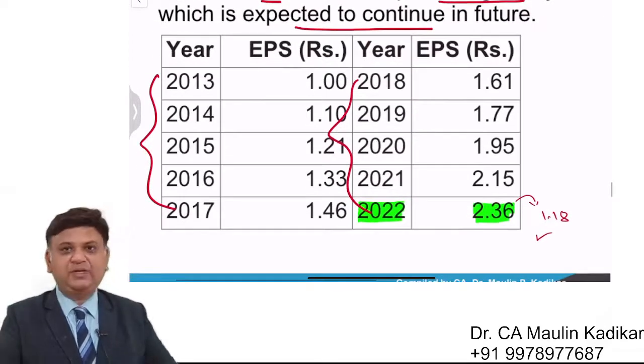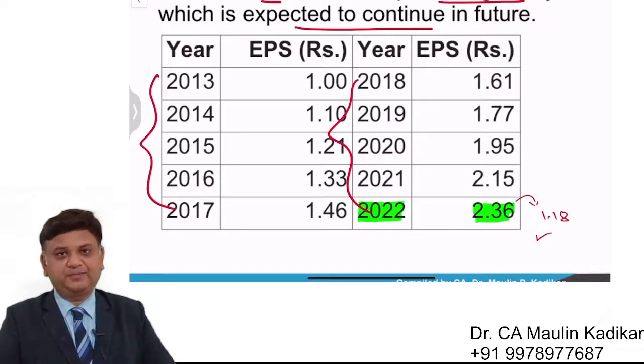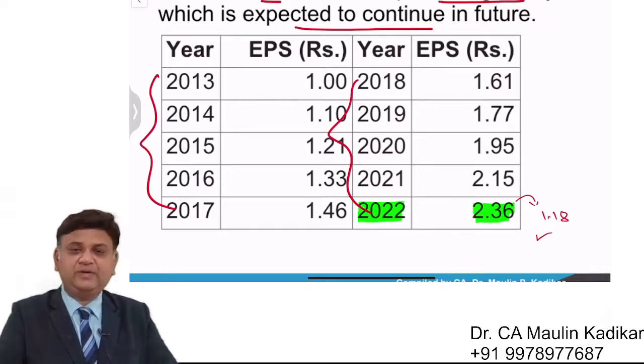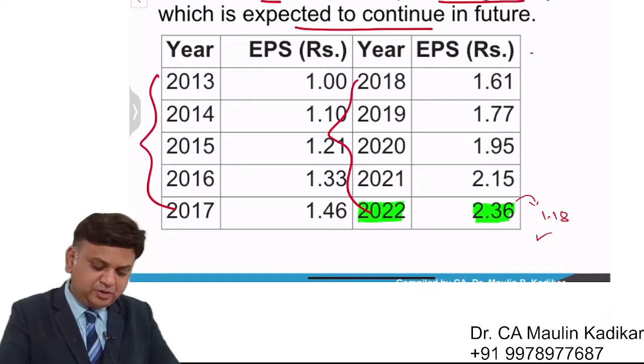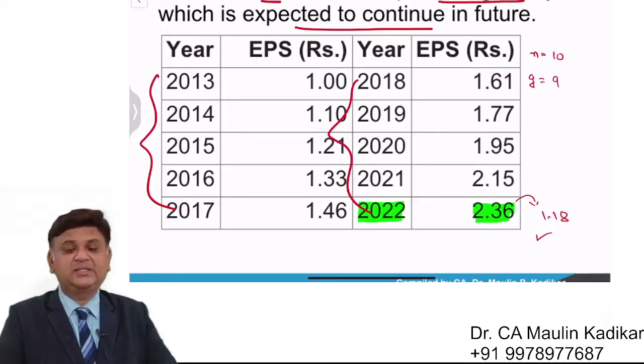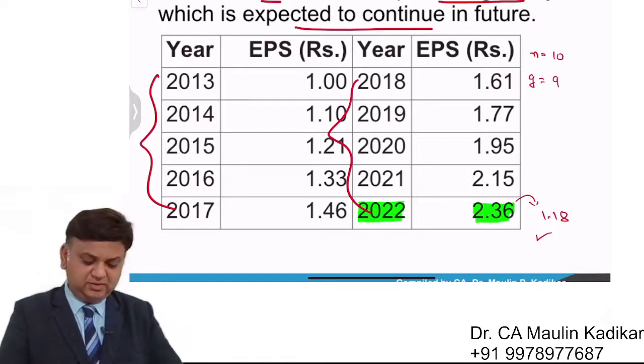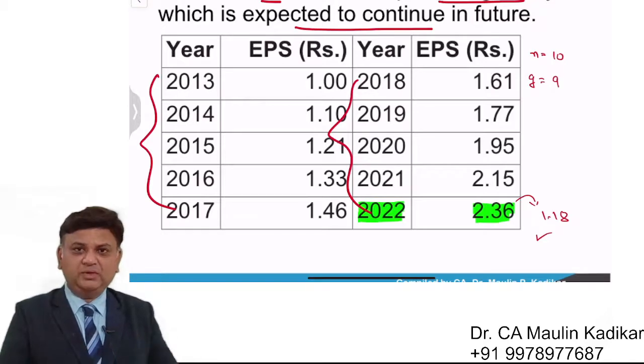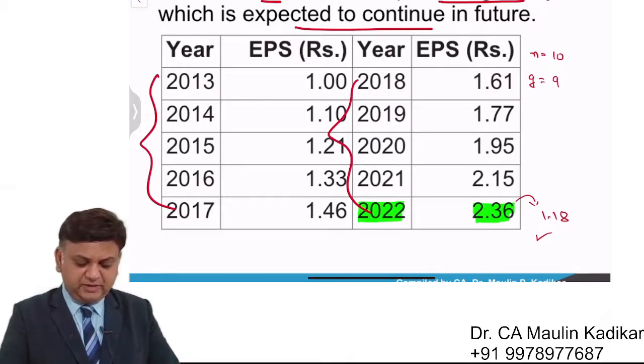Now importantly, we are required to compute the growth rate. Looking to the information we understand, we can compute the growth rate for 9 times. Why? Because the 10 years information is provided to us. So what we can do, dear students, let us understand that carefully.